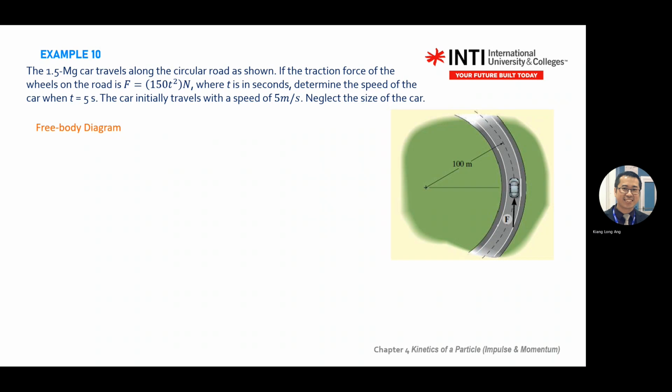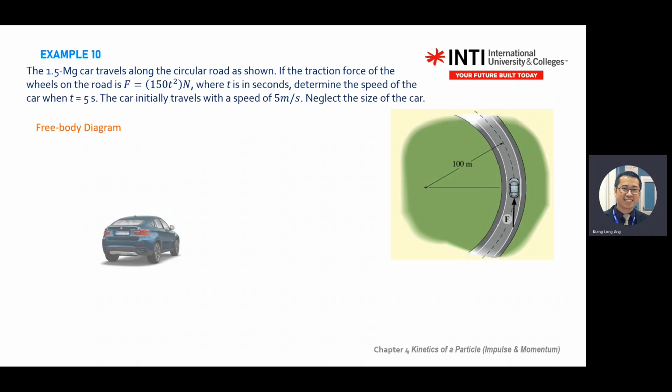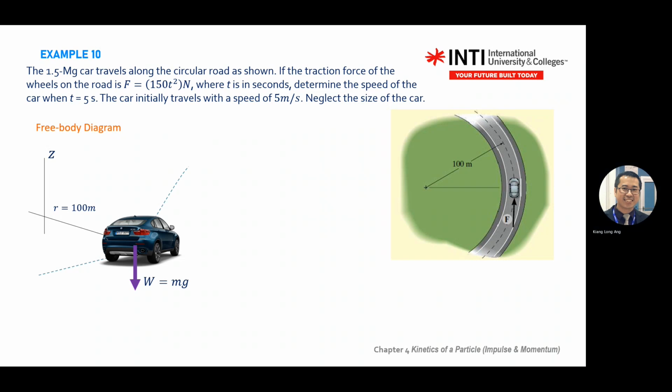Ignore the size. Okay, free body diagram, you draw the car. And in chapter 4, normally you go into a 3-dimensional axis. So you have a z, then you have an r, because you start to look into angular momentum and angular impulse. So you're dealing with r and no longer deal with s or rho and so on, right? Then there is a curvature with the blue dot, although not perfect, but it's a curvature form, right?